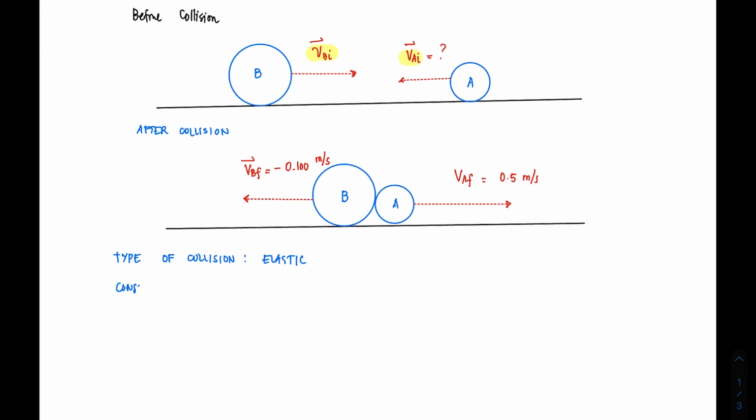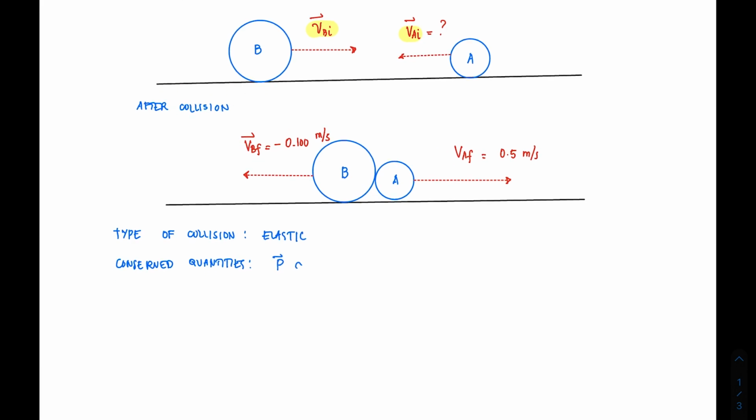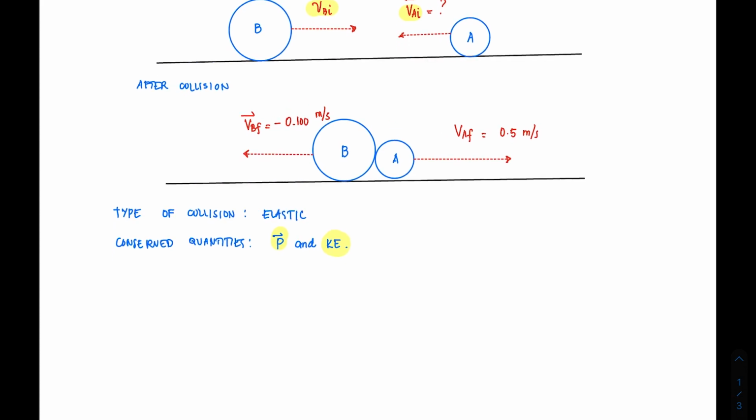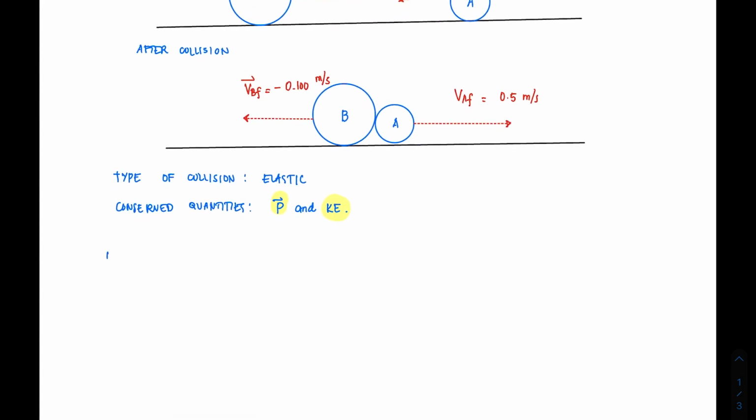So that means the conserved quantities are our momentum, which is always conserved regardless of collision, and its kinetic energy. So this is also telling us that we can utilize two equations in this case, one from conservation of momentum and the other from conservation of kinetic energy. So let's start from the conservation of momentum.